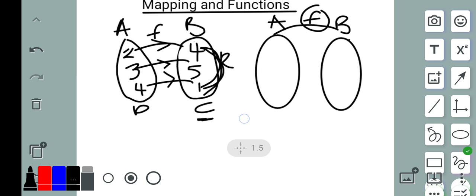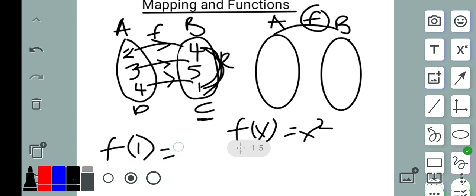Let's say we have f of x equals x squared. This is the example given, and we want to find the corresponding elements. So what will be our f of 1 here? Our f of 1 will be 1 squared, which is 1.